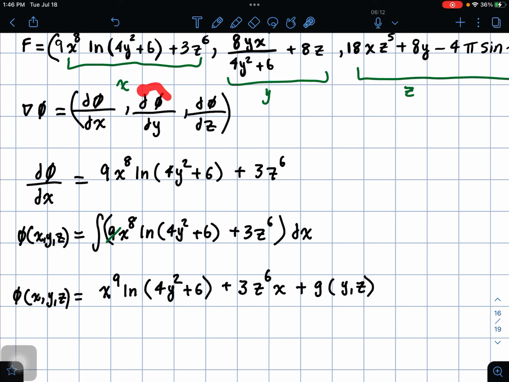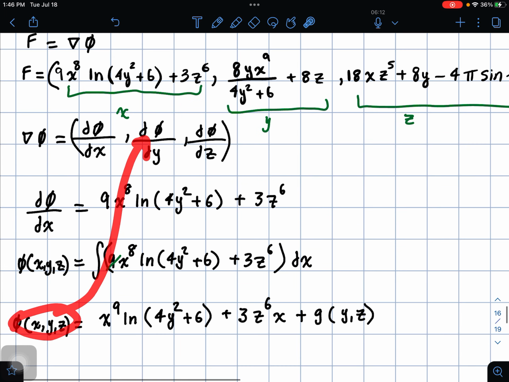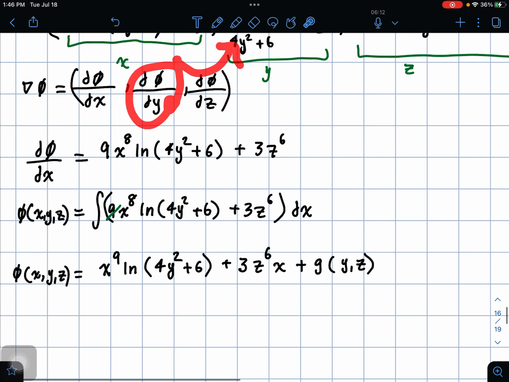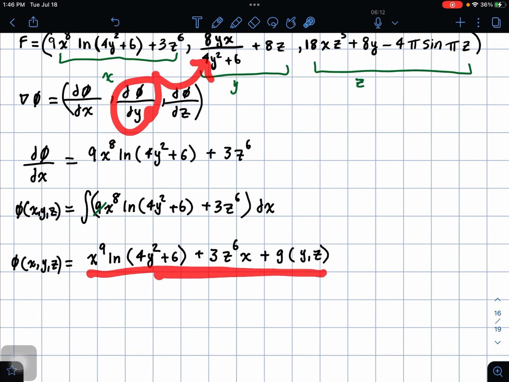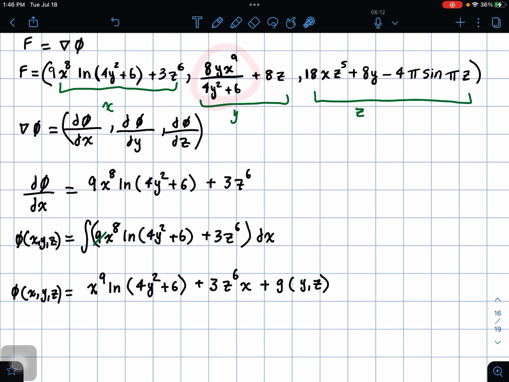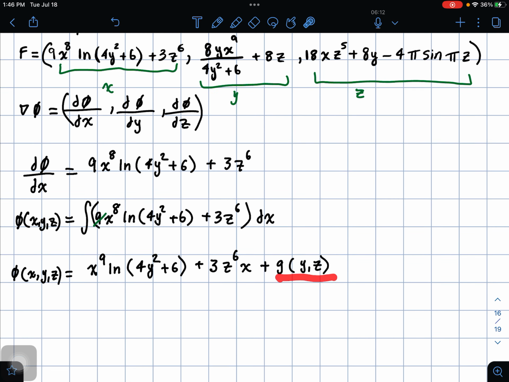If you take this and differentiate it with respect to y, then whatever we get for the differentiation is going to be equal to this, and this thing right here is equal to this, right? So we can take the partial derivative of this, and then set it equal to this, and hopefully it'll help us see if the constant depends on y. And if it doesn't, then we have to check with respect to z, and if it doesn't with that either, then it's just a scalar constant.